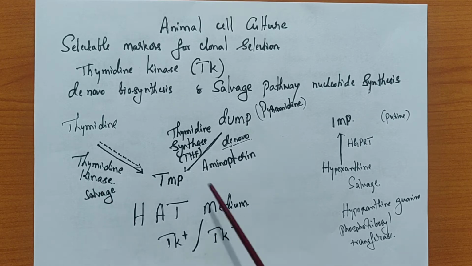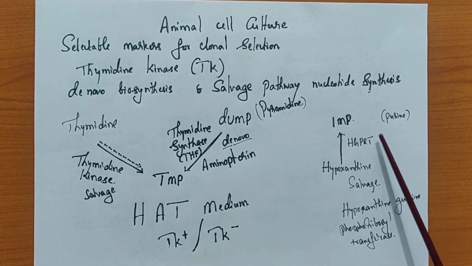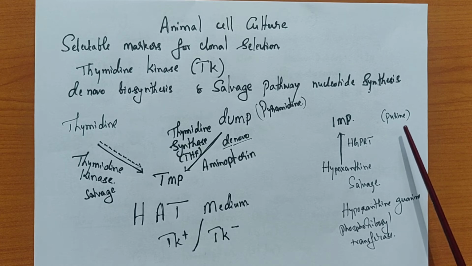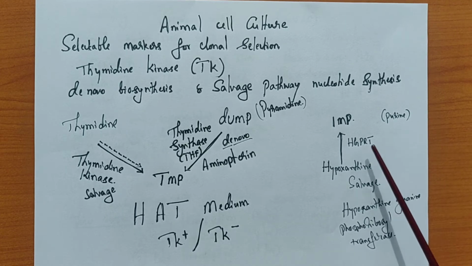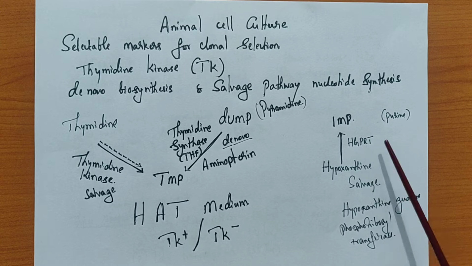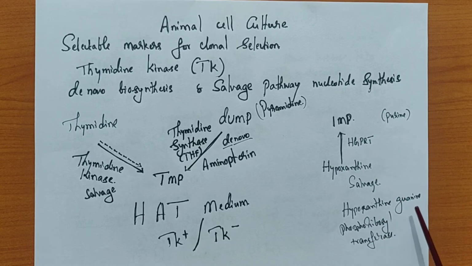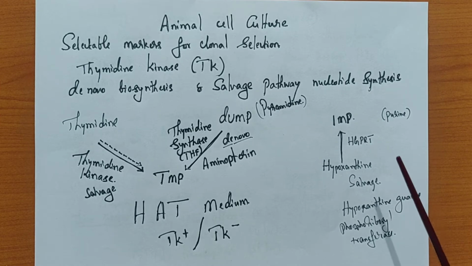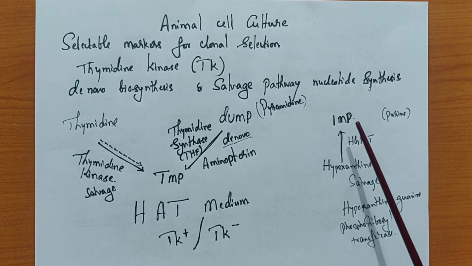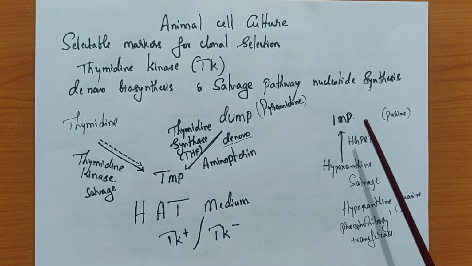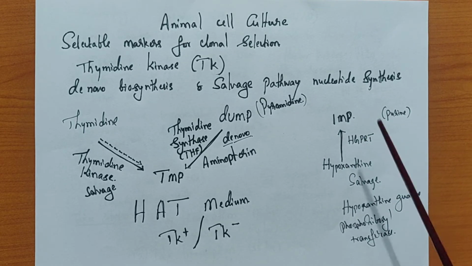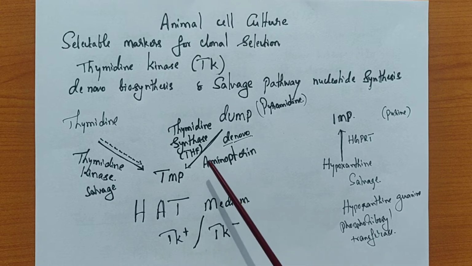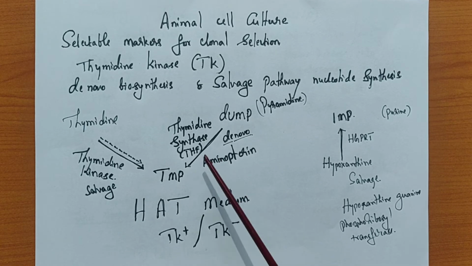Now simultaneously, we also have the purine metabolism. Now this is HGPRT, hypoxanthine guanine phosphoribosyl transferase. The synthesis of, for example, IMP is also blocked because of the aminopterin.